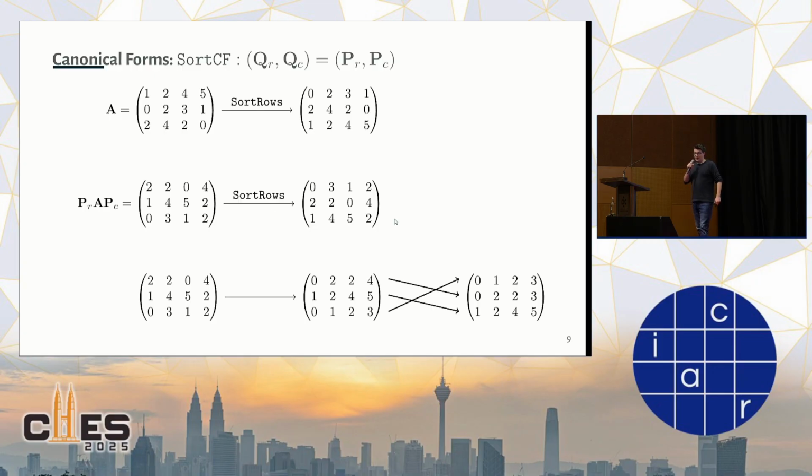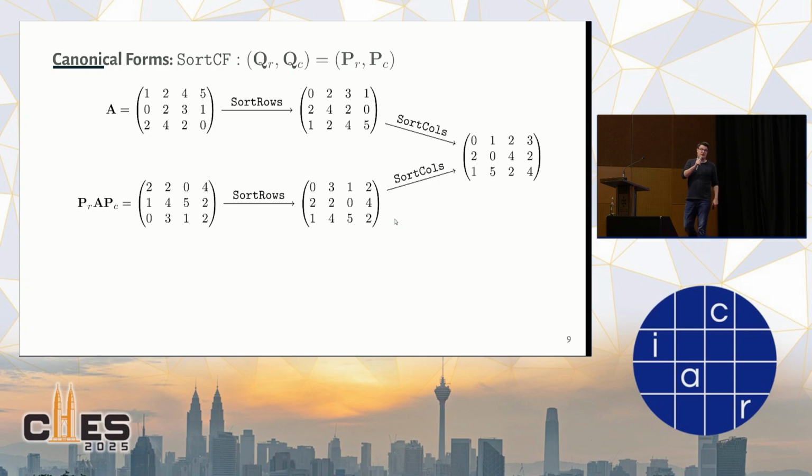And now in the last step, we apply something called sort columns, which literally sorts columns lexicographically. There is no trick. And now you can believe me that if you do this, you will end up with the same matrix, regardless of which path of this algorithm you take. And it actually makes sense, right?